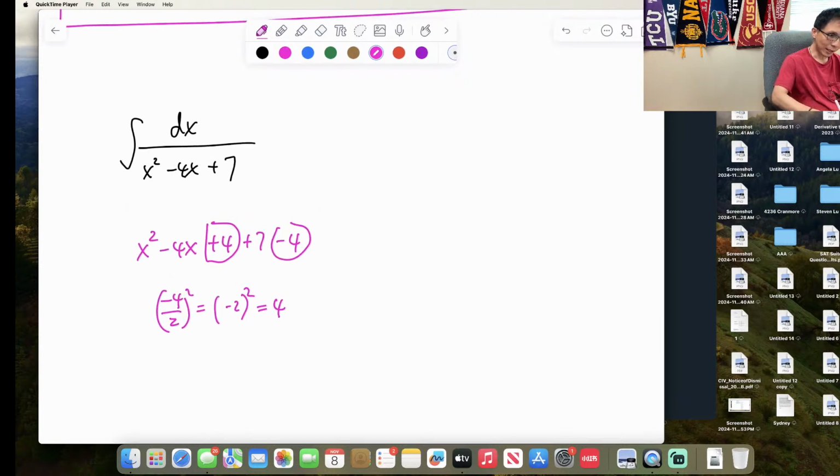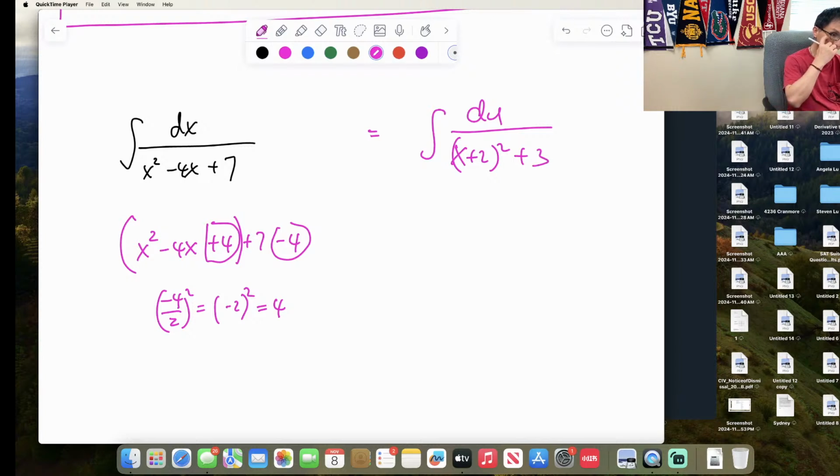So that's going to be the integral of dx over, and you want to parenthesize this term now, so it'll be x plus 2 squared, and the other side is going to be plus 3. This is dx, I keep on writing du. Sorry. Mr. J, shouldn't it be x minus 2? Minus 2, yep, you're right.